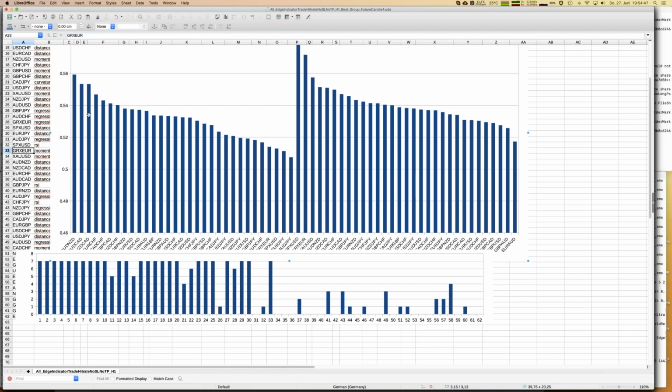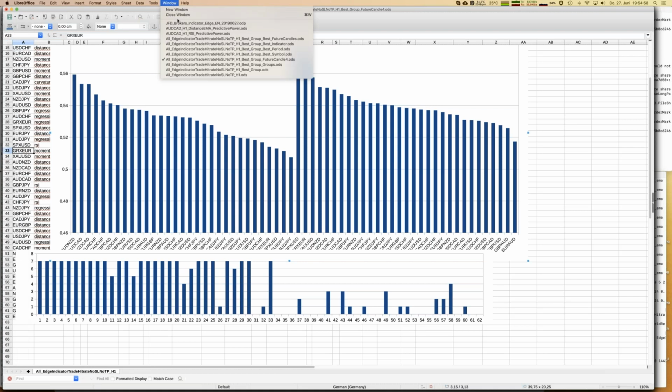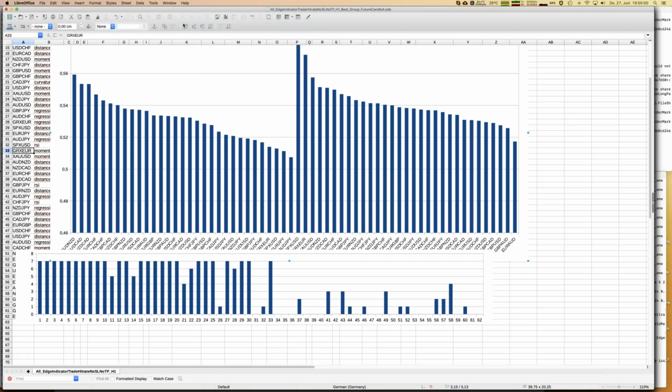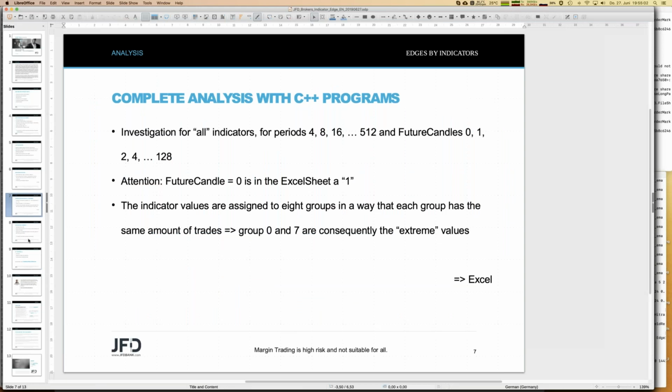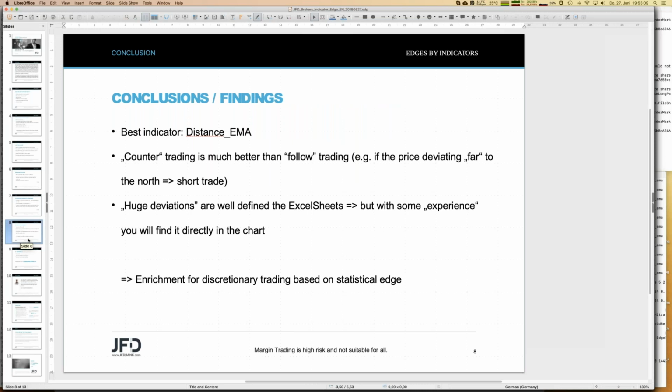So we have a lot of symbols, a lot of indicators, which prove to be that significant. But now it's time to go for those conclusions. And I have summarized a few of them. But nevertheless, you can have the complete picture, like the recipe on the last Excel sheet slide, with all the numbers, best indicators per symbol, and everything. No problem. If you like, you can have it.